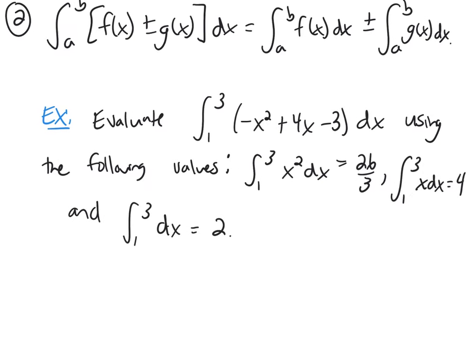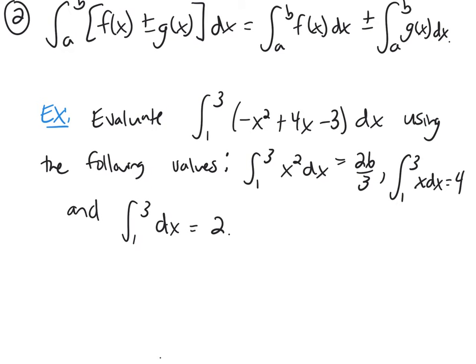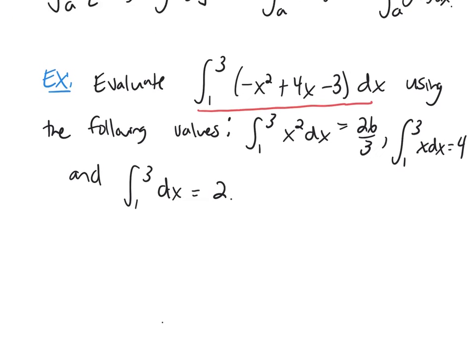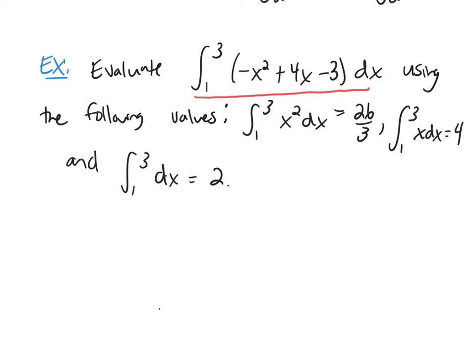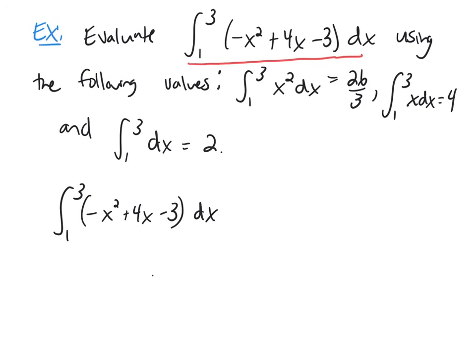So we're going to start with our problem of the definite integral we were given. So we're going to start with that one I've underlined. And the first thing we're going to do is use property 2, and we're going to split up this addition and this subtraction into separate integrals.